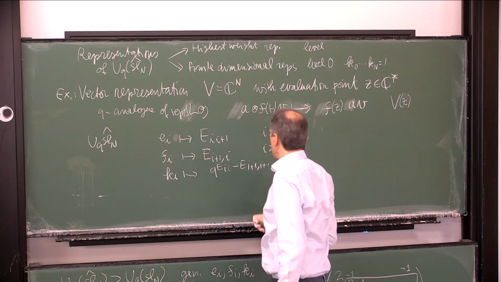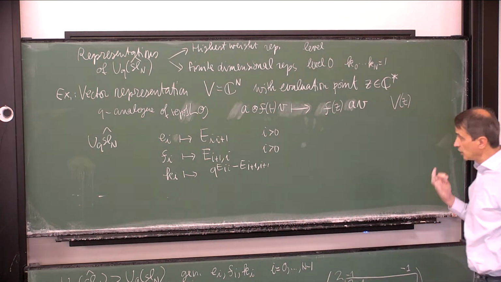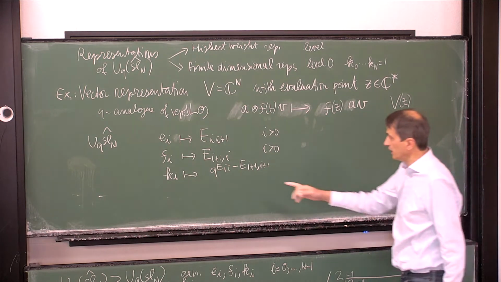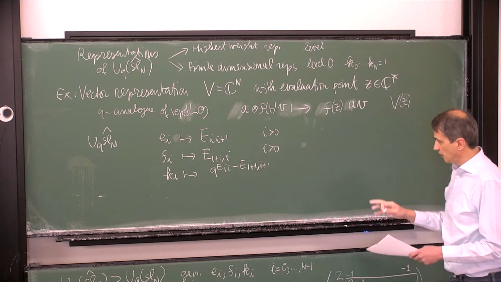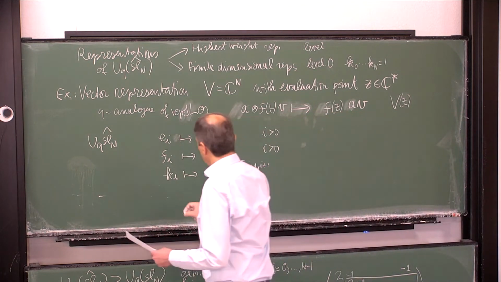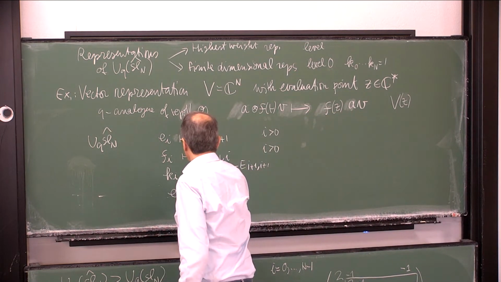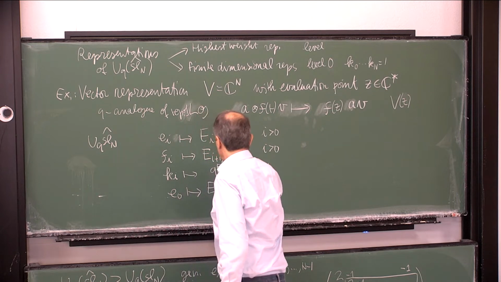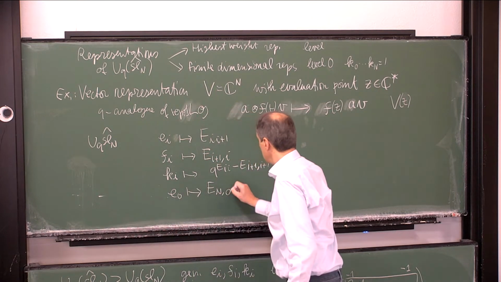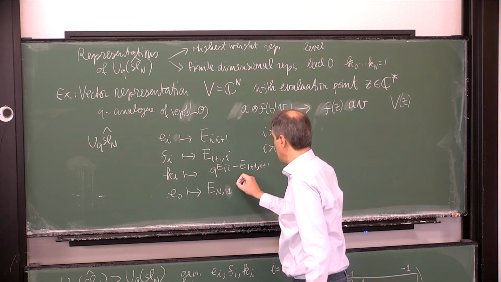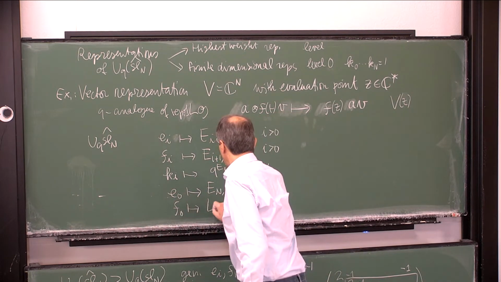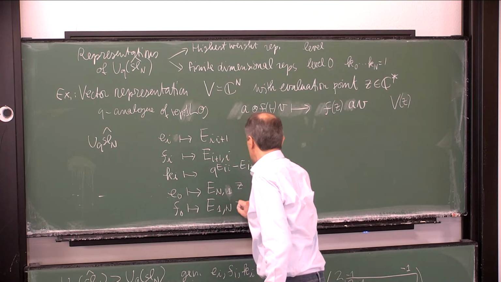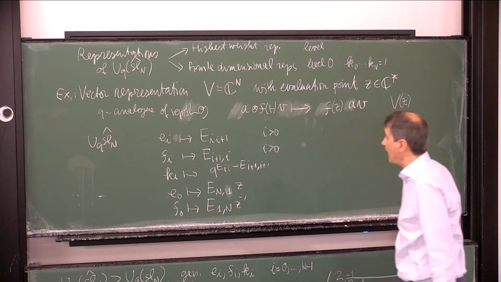So you are not really doing anything new, you are taking the same representation and taking q to the H to define K. And I will explain why that works. And for E_0, you will again do this: E_0 goes to E_{N1} times z, and F_0 to E_{1N} z inverse.